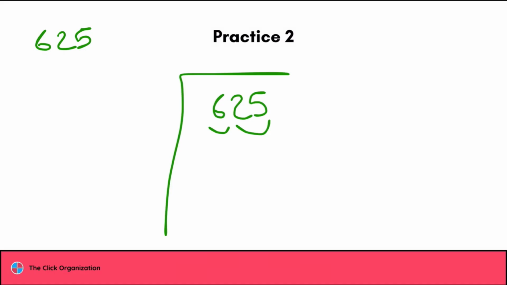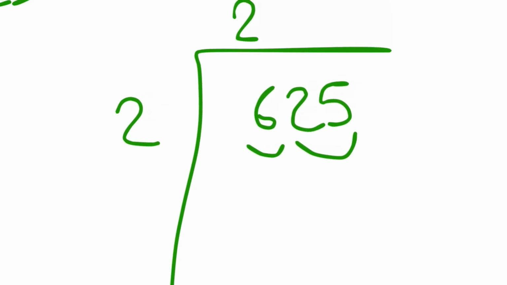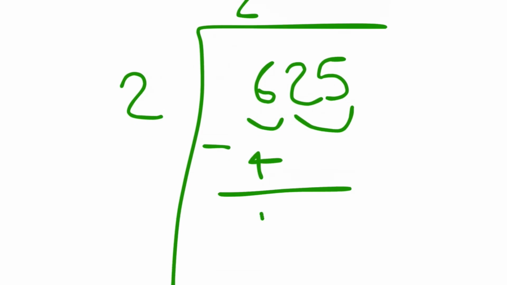So the number is again 2, because when 2 is squared, it equals 4, but when 3 is squared, it equals 9, which is greater than 6, right? So let's write 2, on top and on the left. So 2 squared equals 4. Let's do the subtraction. 6 minus 4 is 2.